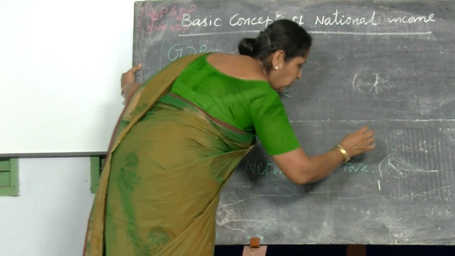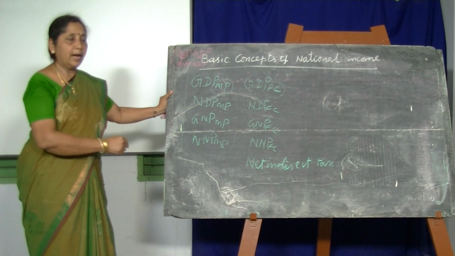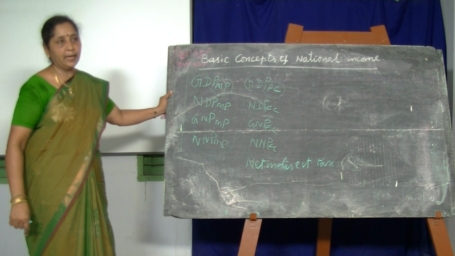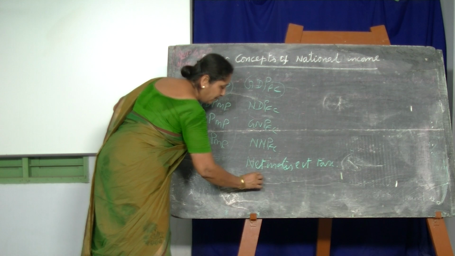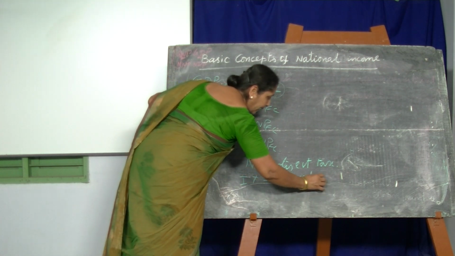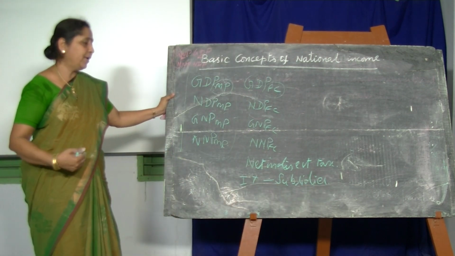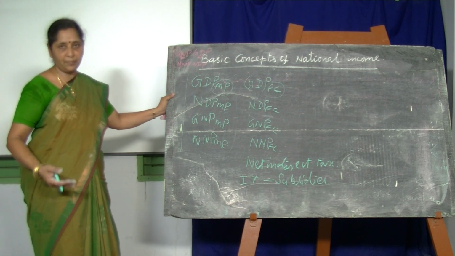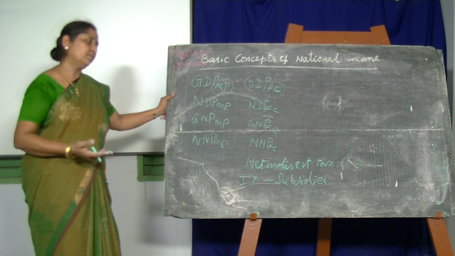How we use the terminology? Net income from abroad. The same way we are adding up one more new concept here, namely net indirect tax. What is this net indirect tax? Indirect tax minus subsidies. Again, tax is a payment that the general public make to the government, whereas subsidies are the payments that we receive from the government to the public.